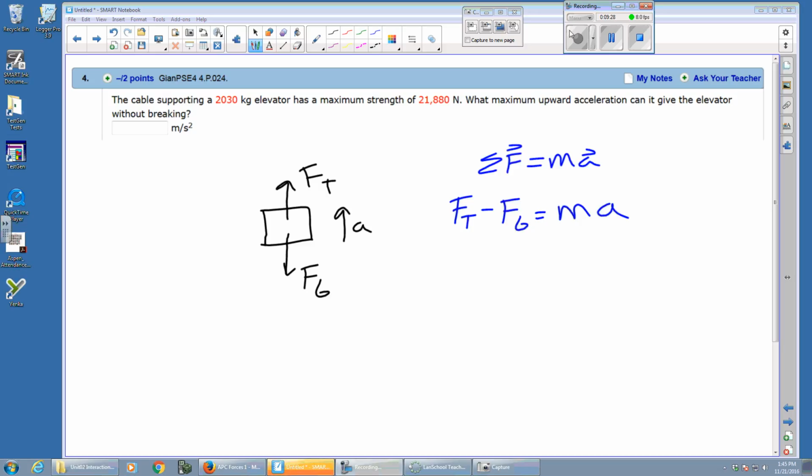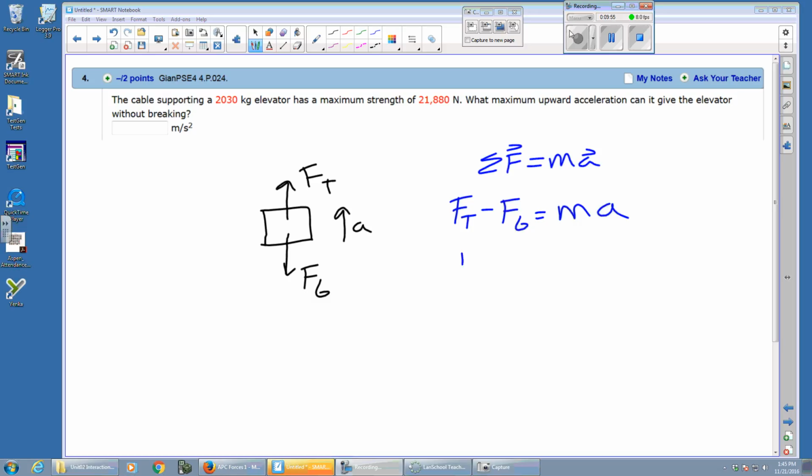I've taken into account the direction, and the FT I made negative. That's how I transition from vector notation to now only worrying about the magnitude, because the directions I've counted in. So I'm still dealing with vectors. I'm just expressing their directionality because they're linear through positive and negative. Okay.